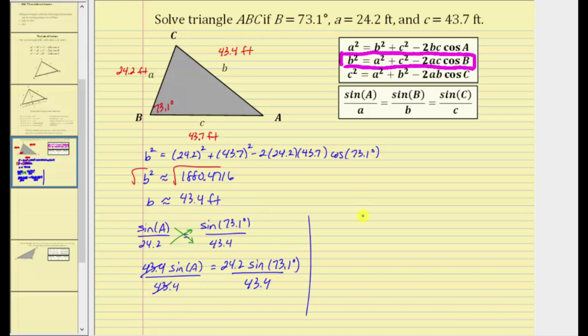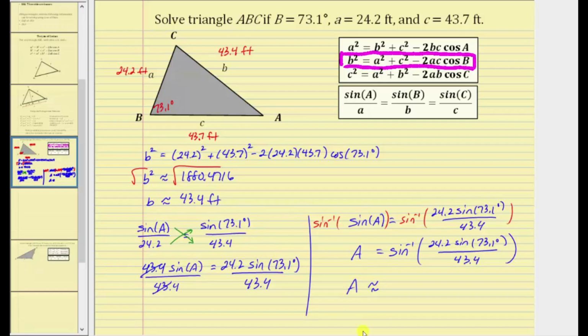Simplifying, we have the sine of angle A is equal to the quotient on the right. And now to solve for A, we take the inverse sine or arc sine of both sides of the equation, which gives us angle A is equal to the inverse sine of the quotient.